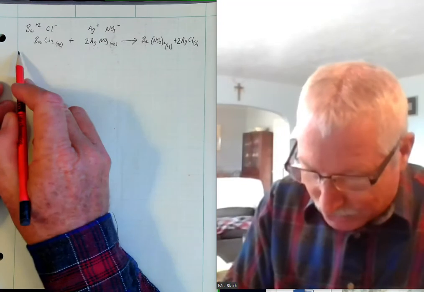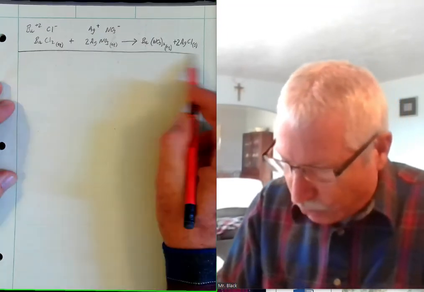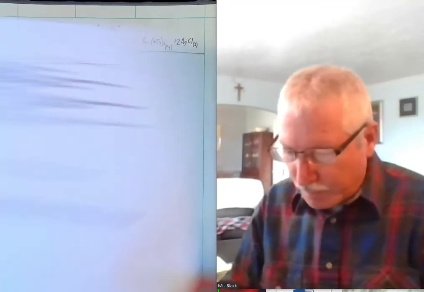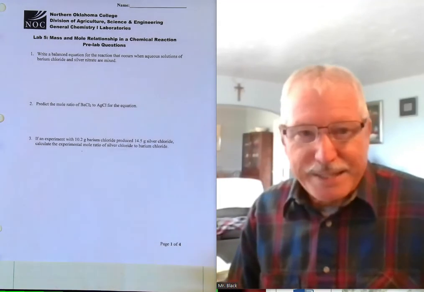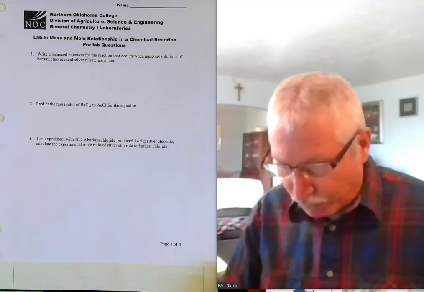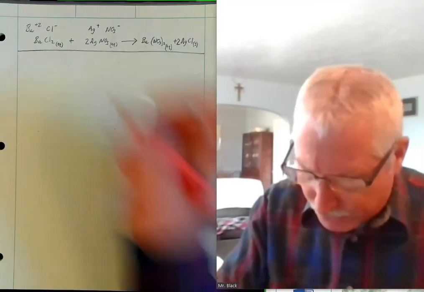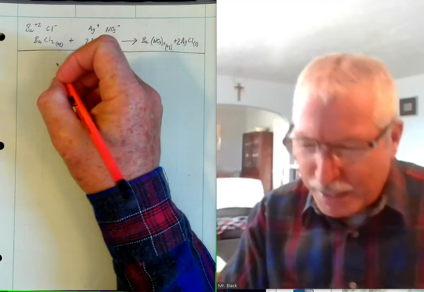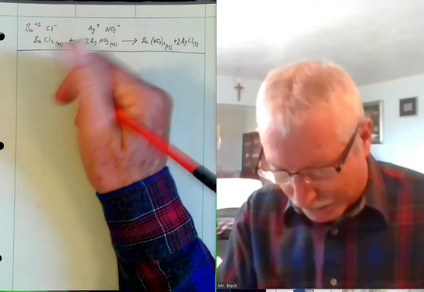All right, let's take a look at the next question. It wants us to predict the mole ratio of barium chloride to silver chloride for the equation. Okay, well, this is going to require us to do a little bit of manipulation from words to mathematics.